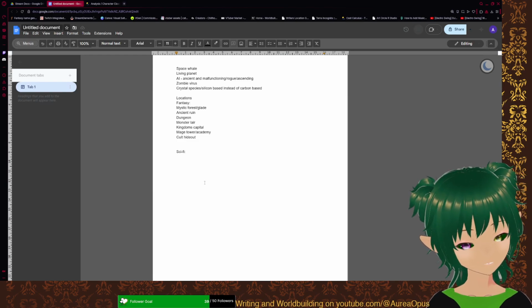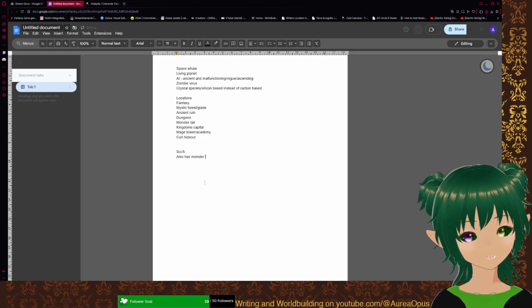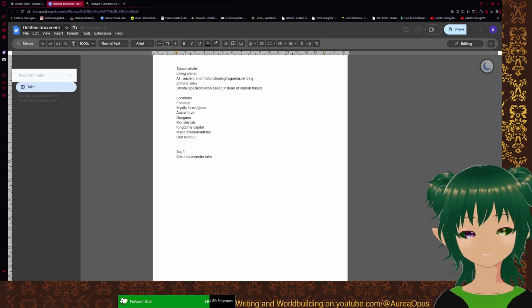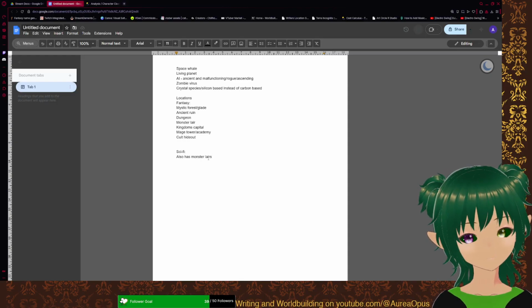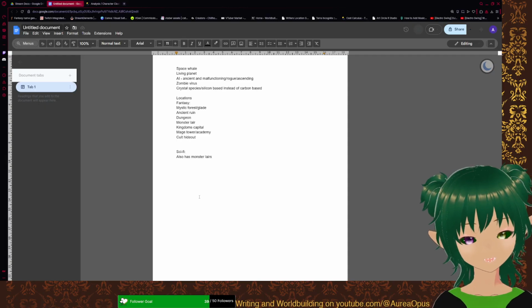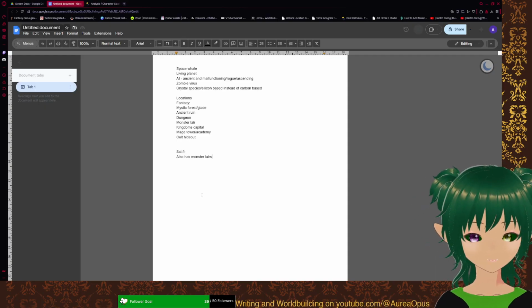What does sci-fi have? Sci-fi also has monster lairs. That's actually one of the ones where there is a very strong sci-fi connection, as strong as there is in fantasy. Like in fantasy, the monster lair, you know, your dragon's lair full of gold, or some other place where you got to steal the monster's eggs or whatever else happens to be hidden in their lair.